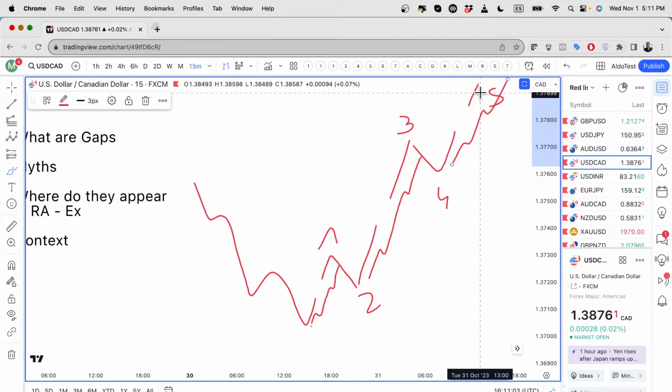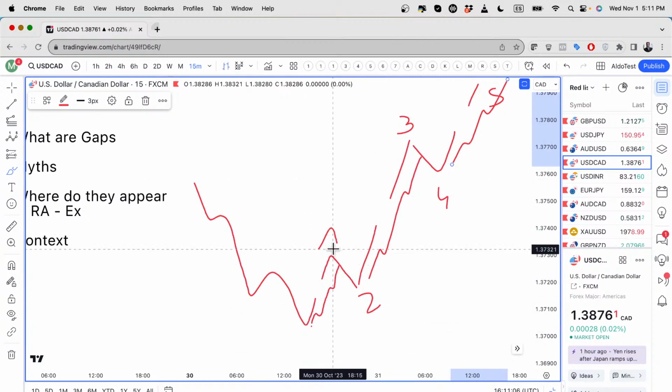For instance, the gap that occurs on the first wave, which we call the breakaway gap, may be filled or may not, because we know that wave 2 will tend to retrace, let's say, 50 to 62% of the distance traveled by wave 1. So if it travels, let's say, 62% or something like that, there is a great likelihood that it may fill at least part of the breakaway gap.